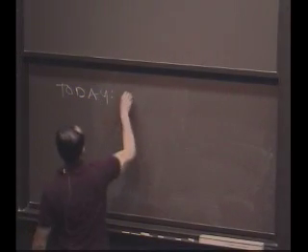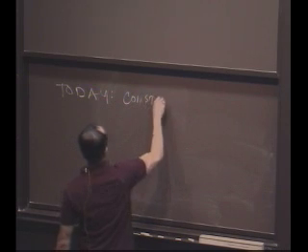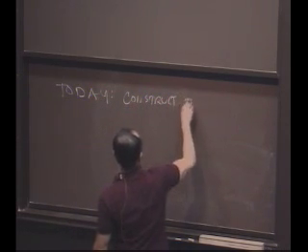Our plan is to begin to rectify that problem by looking for a construction that would allow us to solve equations like that, x squared equals 2. So here's the plan for today. I want to construct the real numbers.